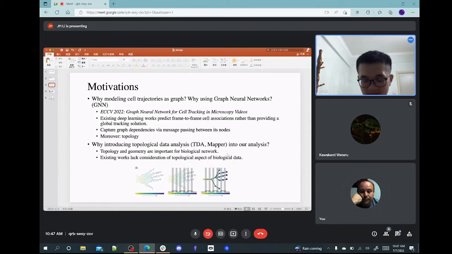And if we do message passing on this network, this node will perceive information of this small locality. That means Mapper will help this node to perceive some information, maybe not topological, in this locality, right?